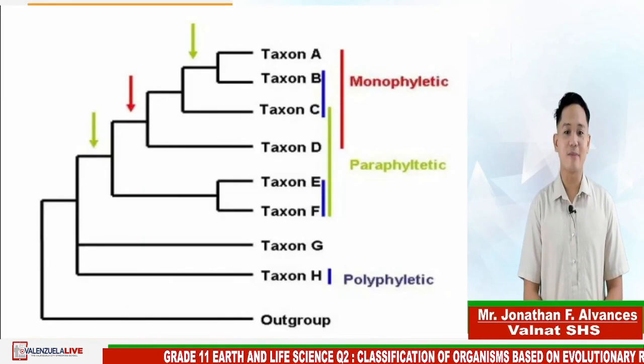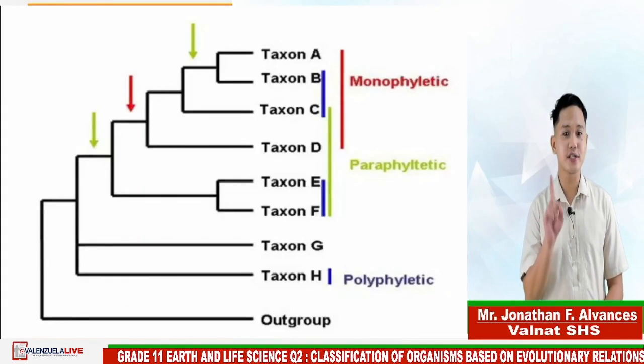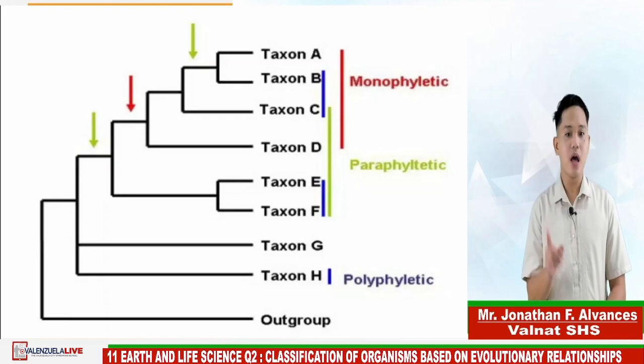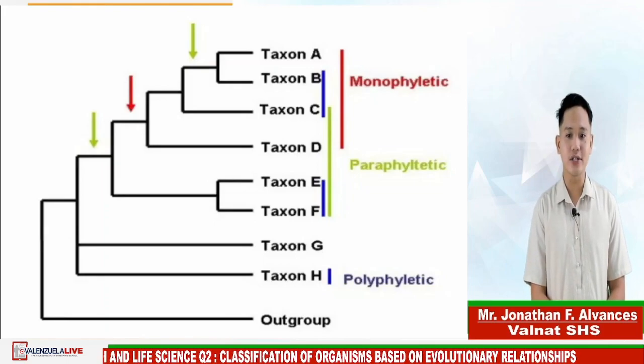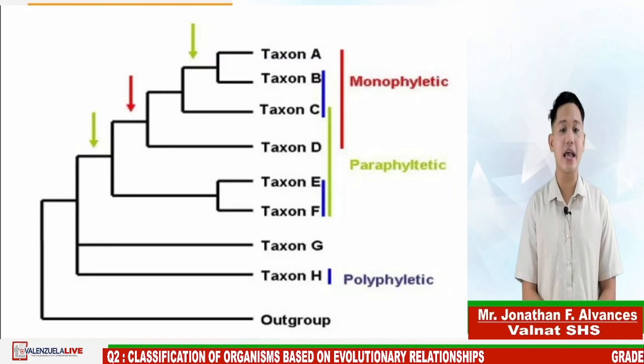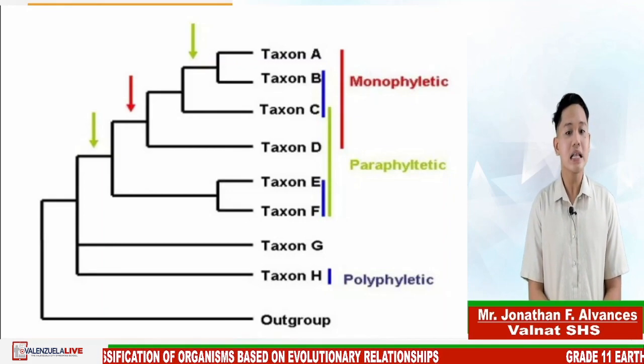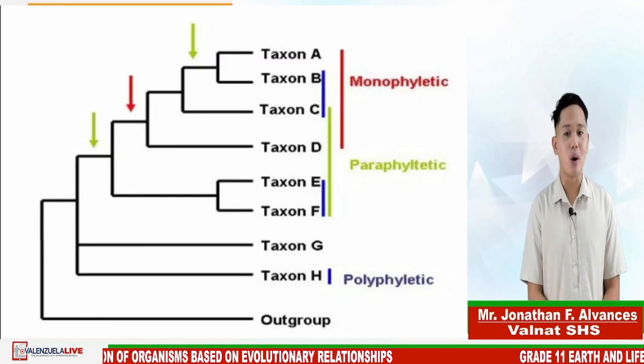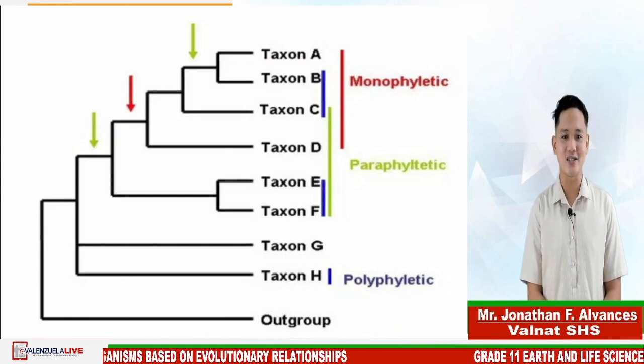There are three types of clades. First, the monophyletic group, which is a single branch on a phylogenetic tree that represents a group of organisms that are descended from a most recent common ancestor.